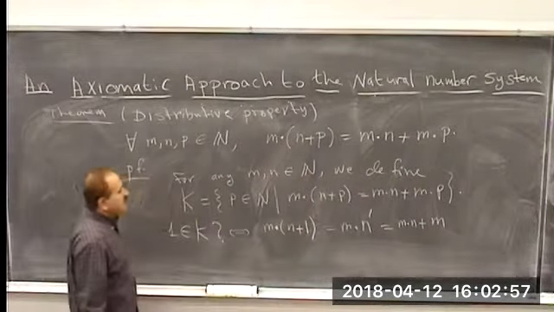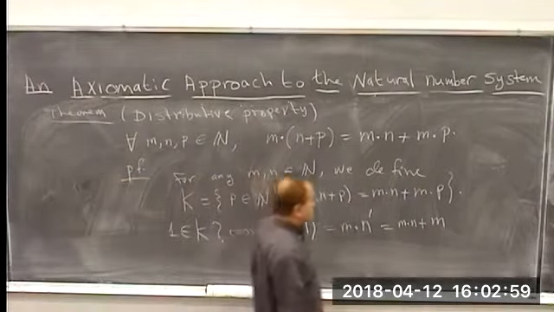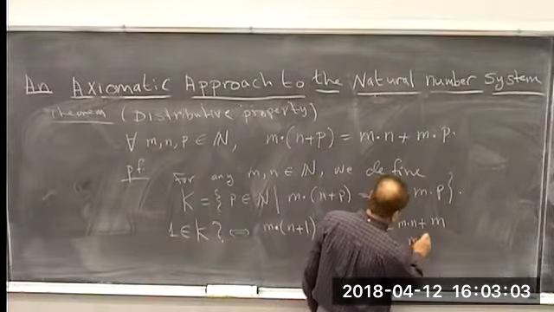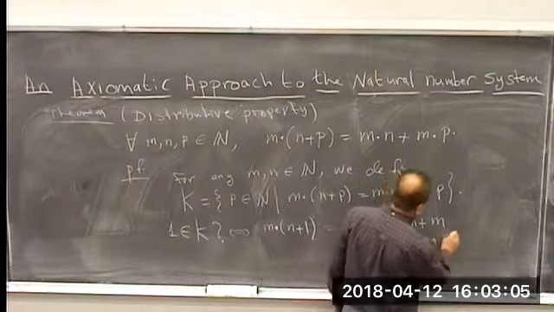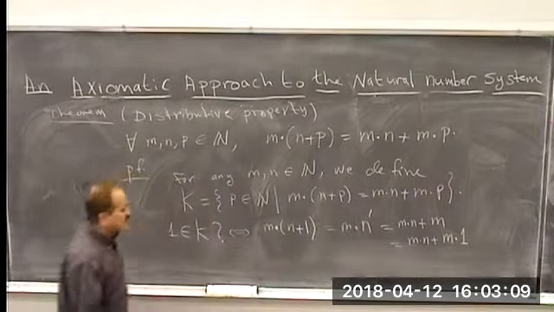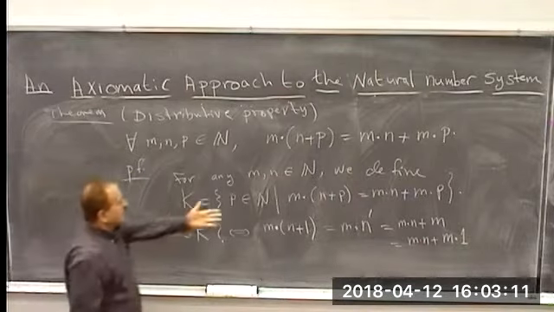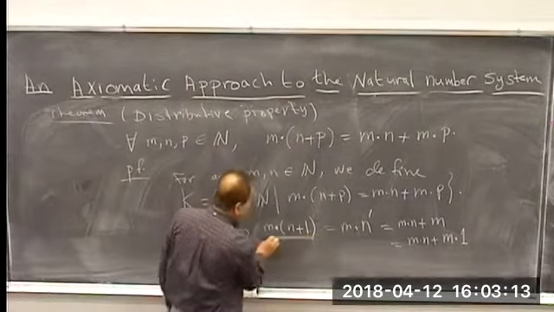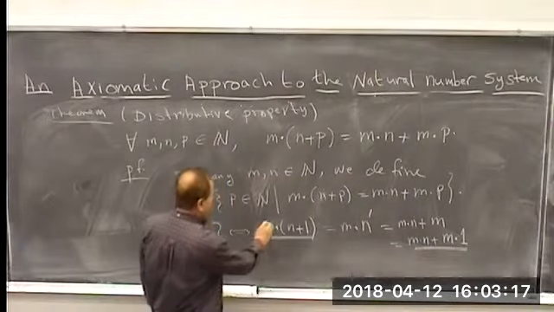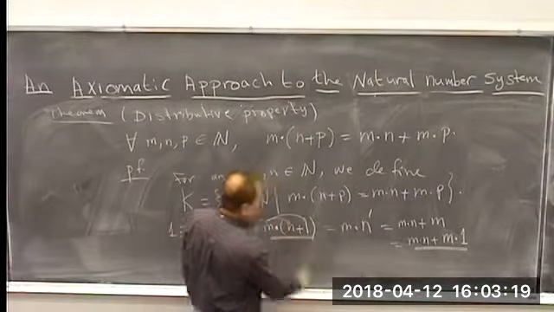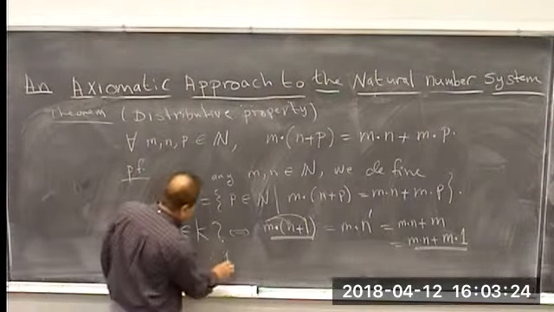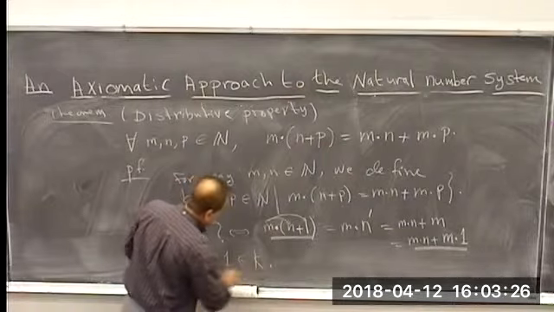And also I can use the definition of multiplication to say the m, I can put m times 1. And now we have this and this are the same. So I did kind of distribute the m inside. So therefore, yes, 1 belongs to K.